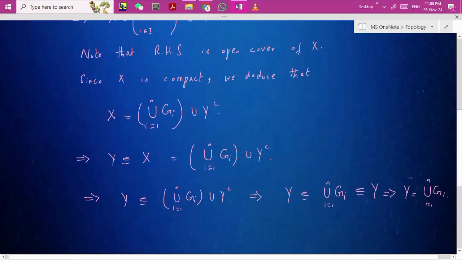Hence Y is a compact space, or compact topological space.